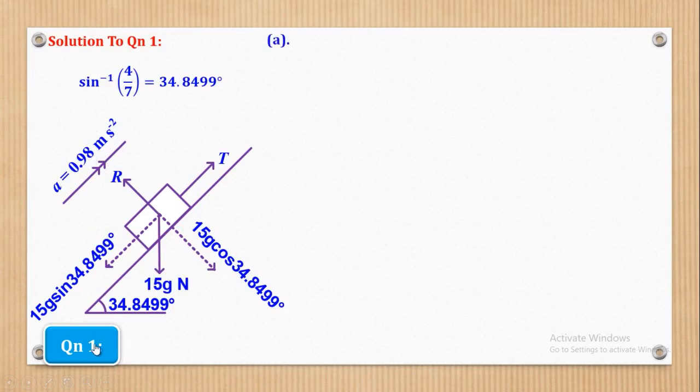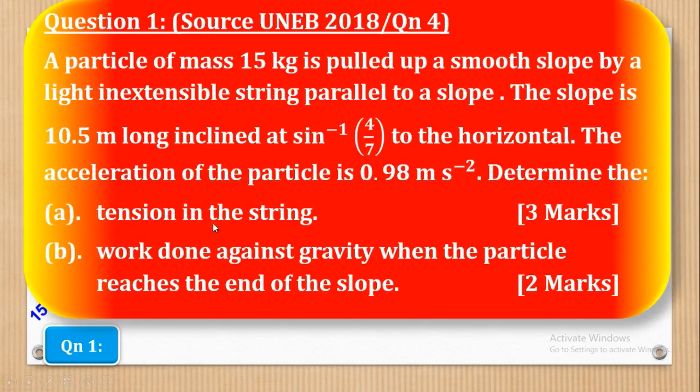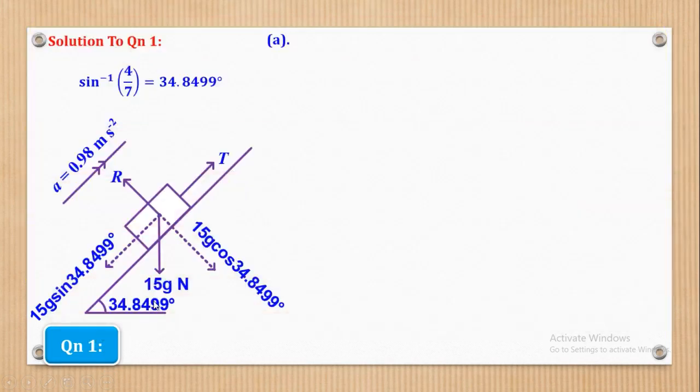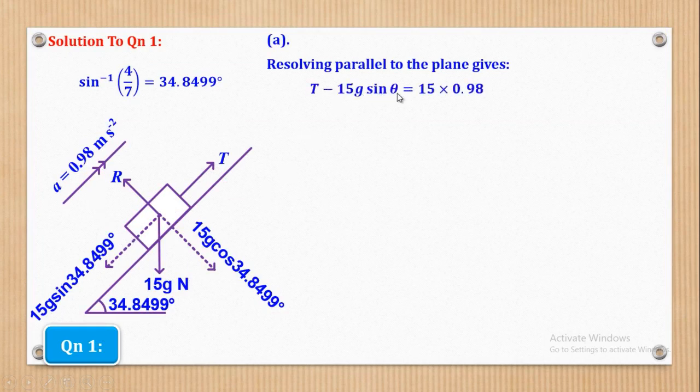Now we shall start with part A. Part A says find the tension in the string. So to get the tension, we are going to resolve parallel to the plane, and when we resolve parallel to the plane, we shall get T minus 15g sine theta is equal to ma. So T minus 15g sine theta is equal to 15 times 0.98, where 0.98 is the acceleration and 15 is the mass.